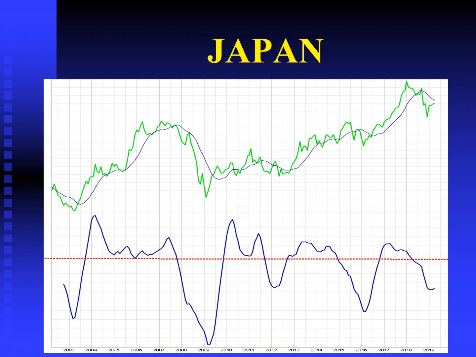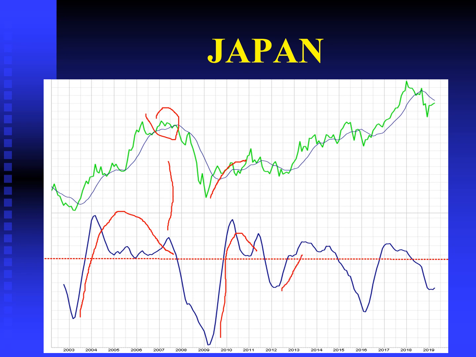The same story applies to Japan. This gauge goes up and then reflects a slowdown in the global economy, and sure enough, at this point the Japanese stock market doesn't do much from this point on. Then the business cycle improves, and the Japanese market improves.